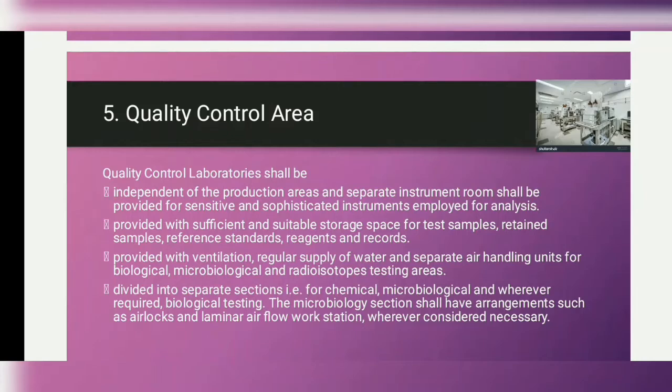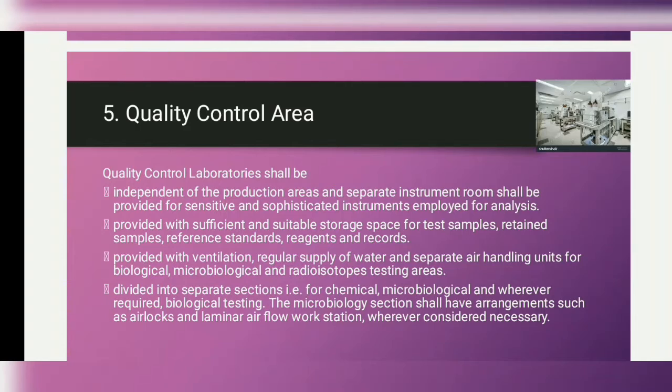So the quality control laboratories must be independent of production area, and a separate instrument room must be there for sophisticated instruments. It should be provided with sufficient storage space for test sample, retained sample, reference standards, reagents and records.